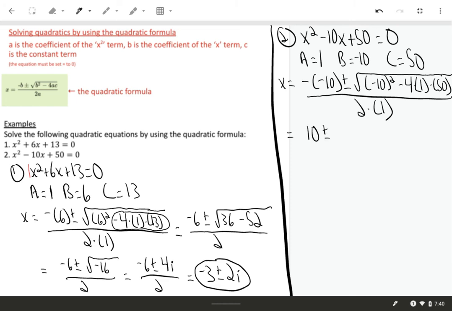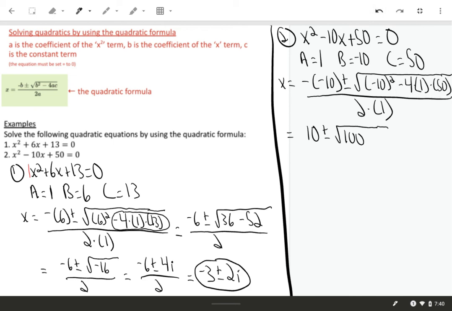So that becomes 10 plus and minus, let's see, (-10) squared, so that's -10 times -10, that's going to be 100. Then we have -4 times 1 times 50.